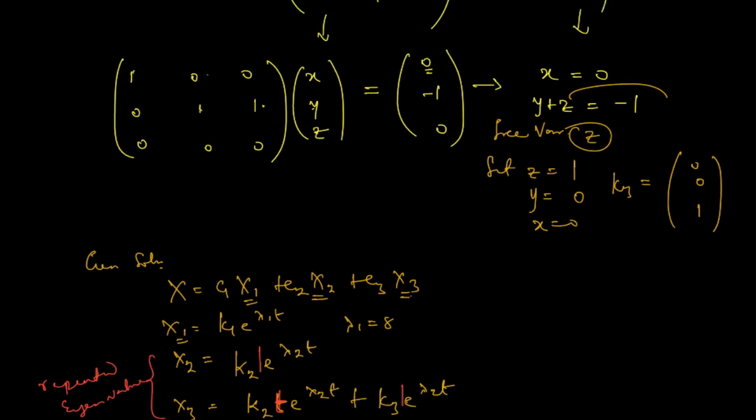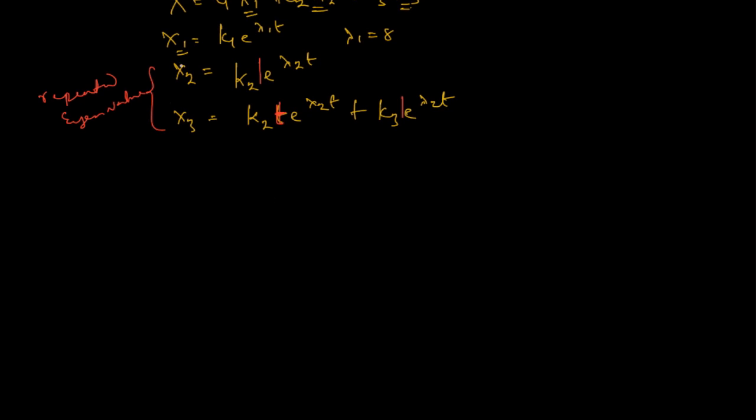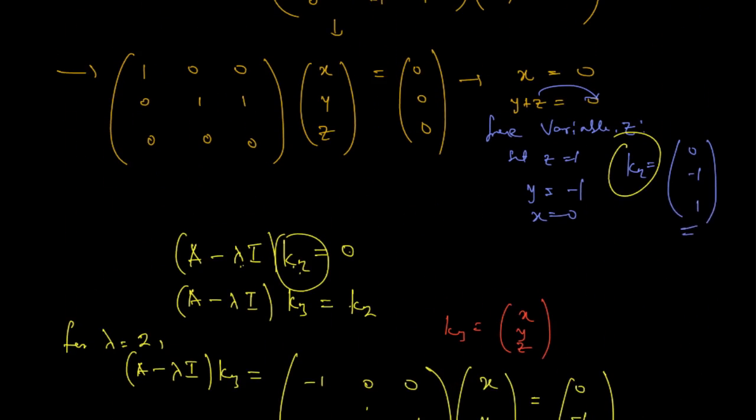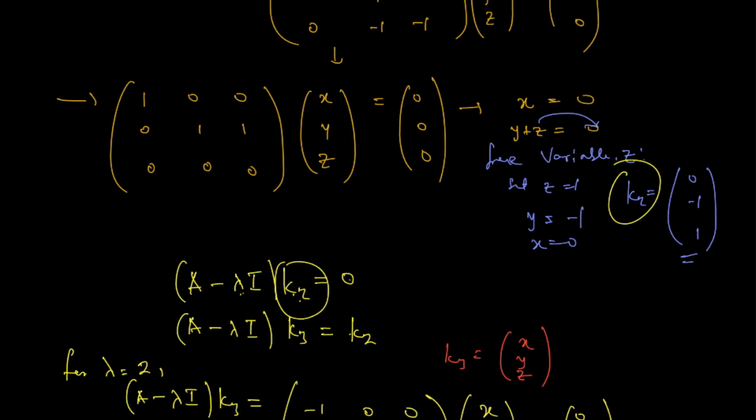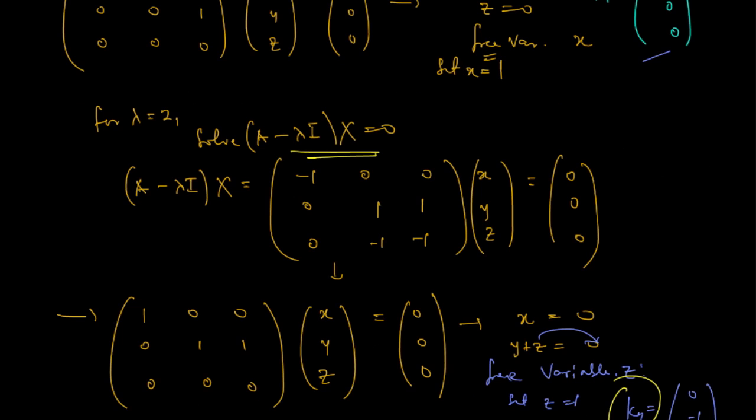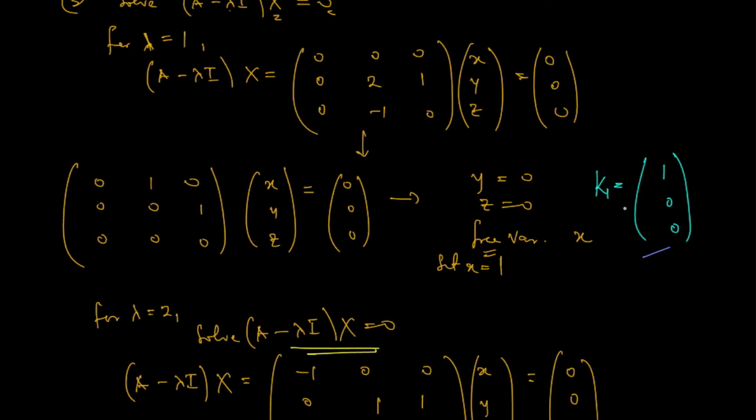And then, using the values we've gotten above, our x1 is from above. This is k1. So our x1 is k1 e to the power lambda 1t. That's going to be 1, 0, 0 e to the power lambda 1t.